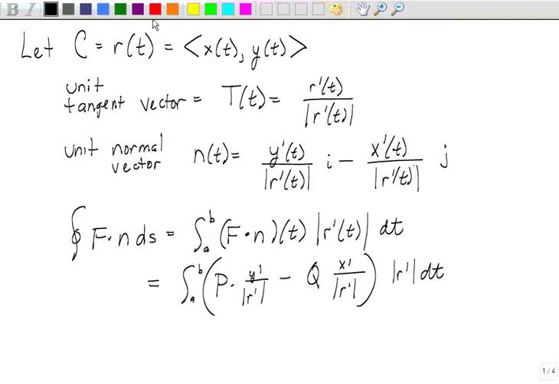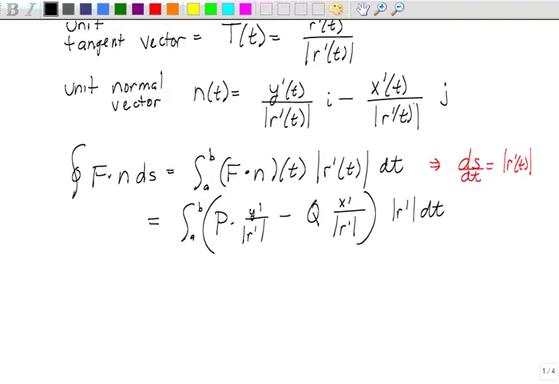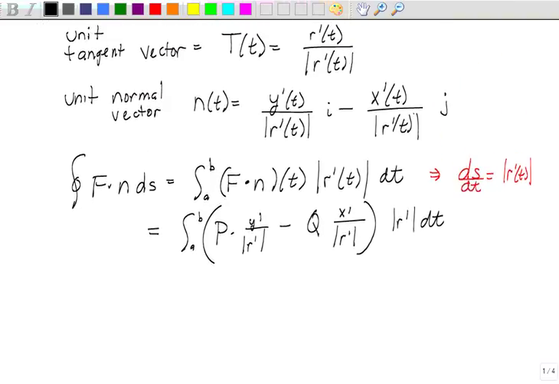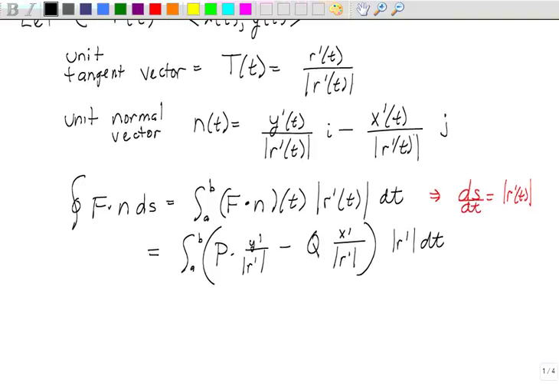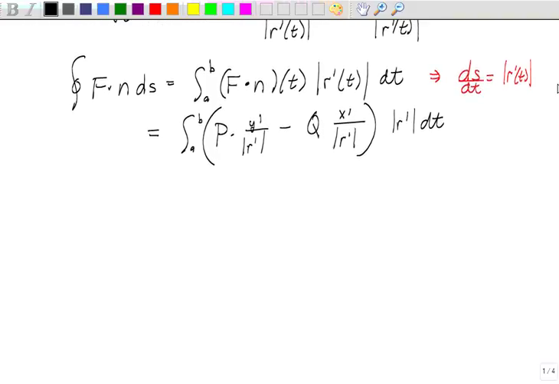This comes because we know ds over dt is the magnitude of r prime of t, and now we're dotting F with n.